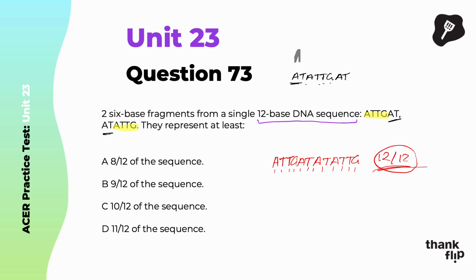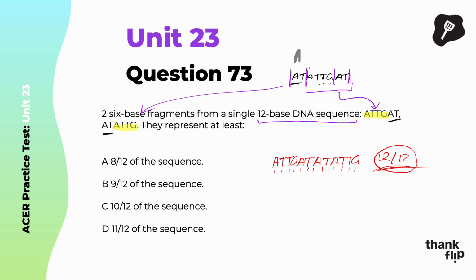And the way that you could have gotten these 6-base fragments was by chopping it up from here to here, and then chopping it up from here to here, which would get you to this fragment here, right? So this is the most amount of overlap.